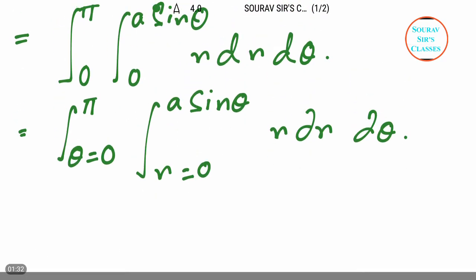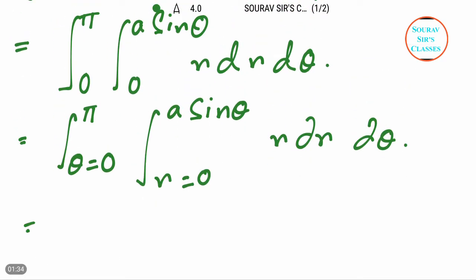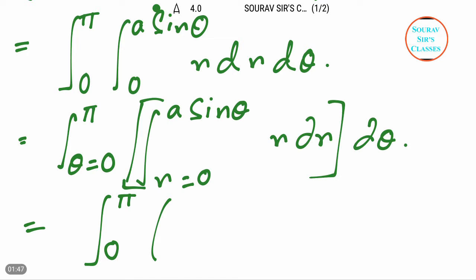Now here we can write integration 0 to pi, and now we are integrating this part. So here we can write r square by 2 and the limits 0 and a sine theta.